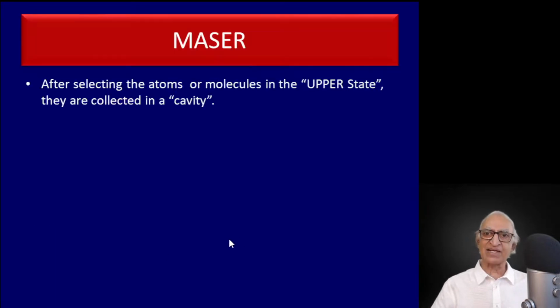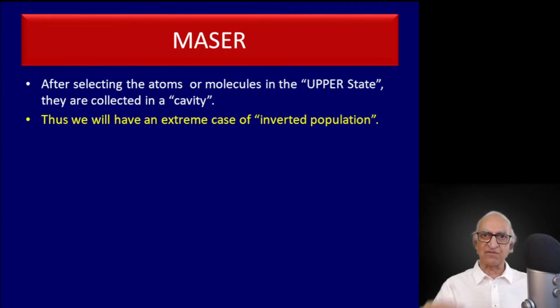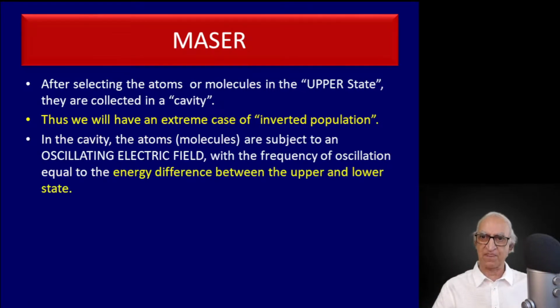Now, after selecting the atoms in the upper state, they are collected or trapped in a cavity. And we will have an extreme case of inverted population. All the atoms are in the upper state.